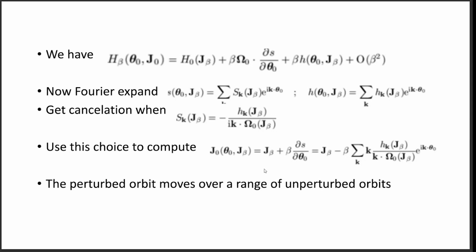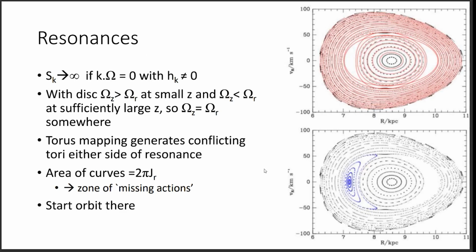And then disaster, because if H isn't simultaneously 0, if there is a perturbing term in the Hamiltonian associated with this action, then this thing on the bottom vanishing is going to cause this allegedly small adjustment to J0 to blow up, and we have a disaster.